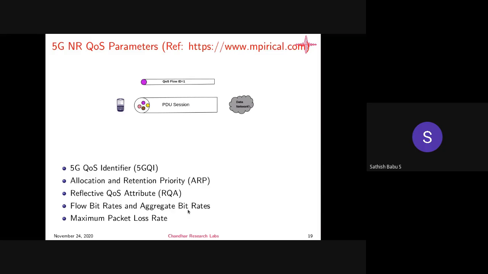Same thing with aggregate bit rates. In 4G there is already a concept called carrier aggregation. I'm not talking much about carrier aggregation, I'll just give an introduction. Carrier aggregation is where there are plenty of users, and each user is allocated multiple frequency blocks.